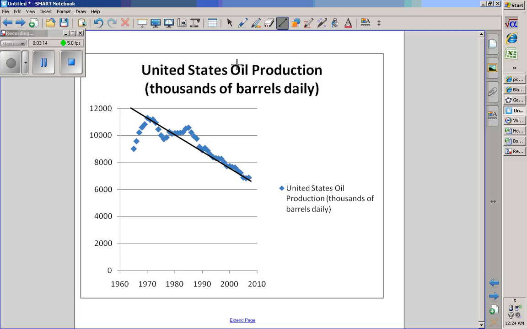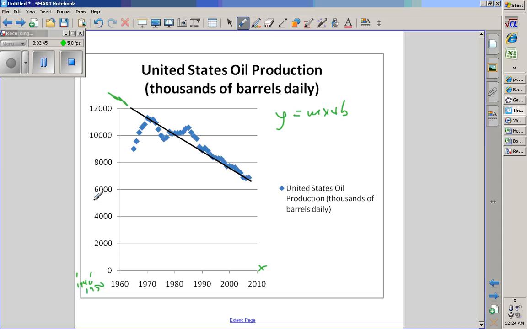Now, if I would want to write an equation in slope-intercept form, it would be y equals mx plus b, and I would need to figure out my y-intercept. The only problem is that right now my x-axis starts at 1960. Here would be 1950, here would be 1940, and before I know it, I'm off the paper.